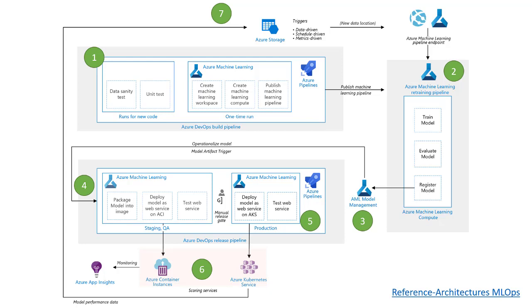Number 4 is where we can take that registered model and deploy it to a QA or test environment and have application insights collect the different metrics associated with our model. Then we can have a manual deployment to Azure Kubernetes service, where we can have a production environment that connects to other applications.